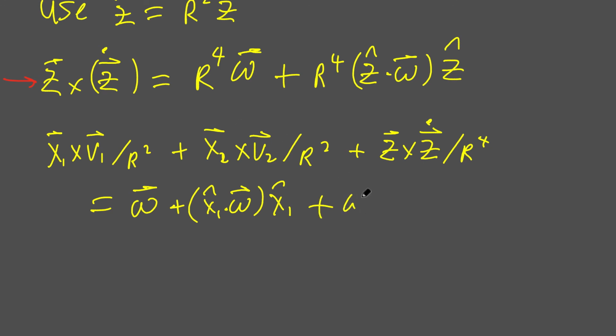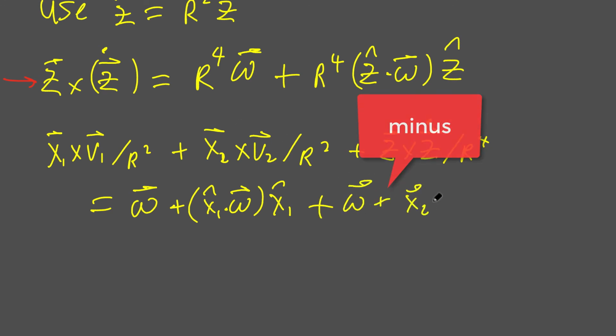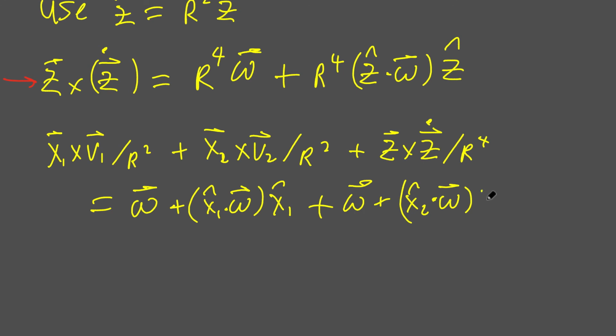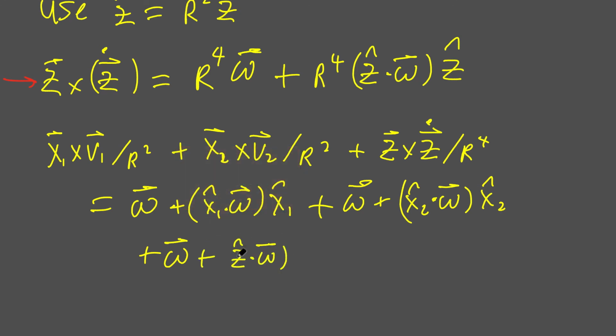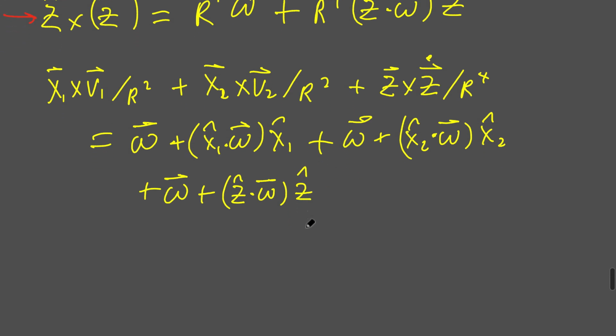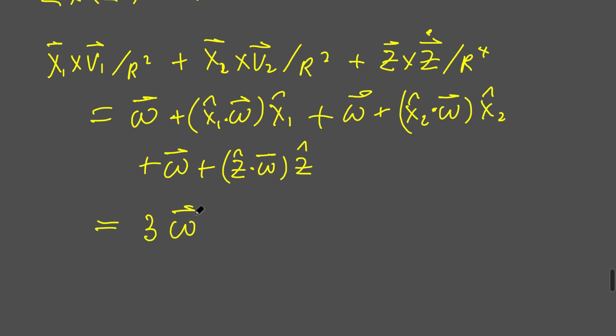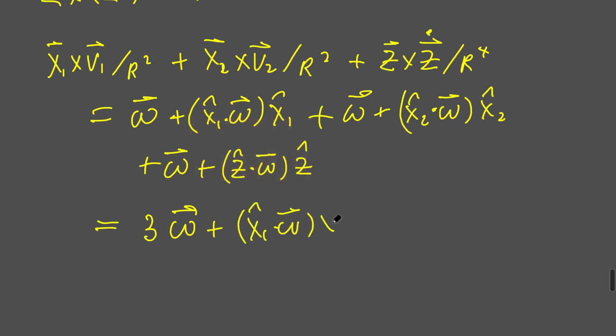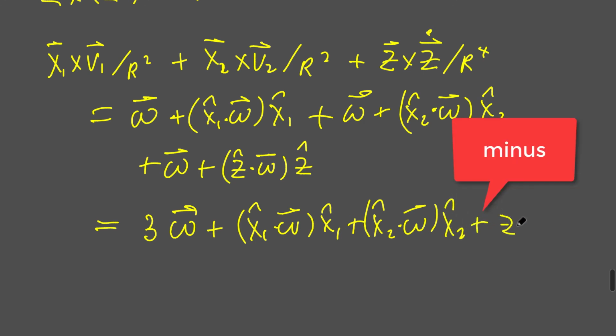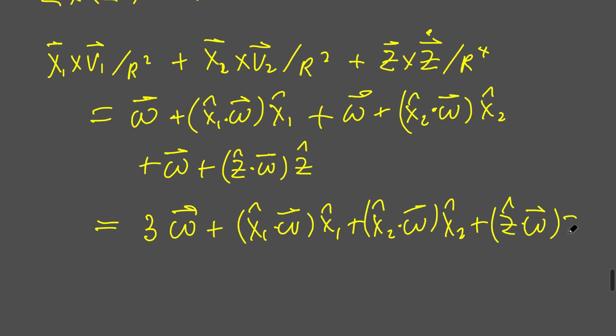From here we have omega plus x2 hat dot omega times x2 hat. And from here we have omega plus z hat dot omega times z hat. So simplifying this, we have 3 times omega plus x1 hat dot omega times x1 hat plus x2 hat dot omega times x2 hat plus z hat dot omega times z hat.